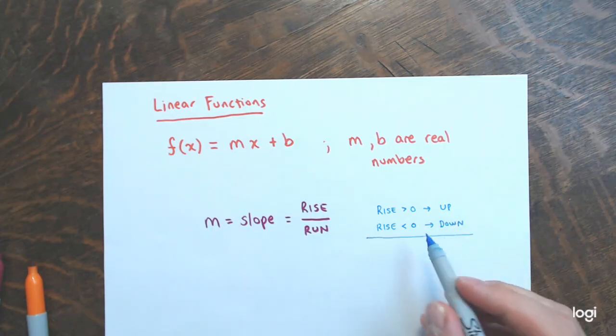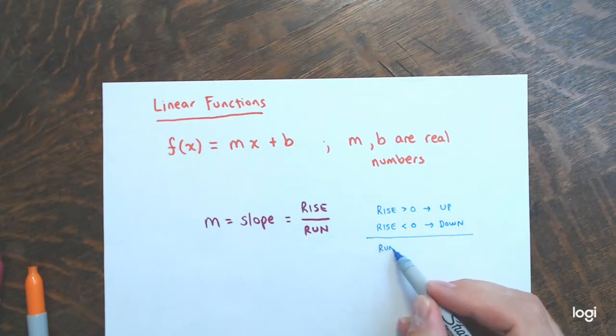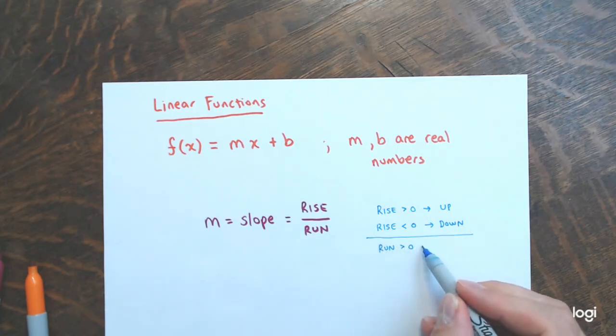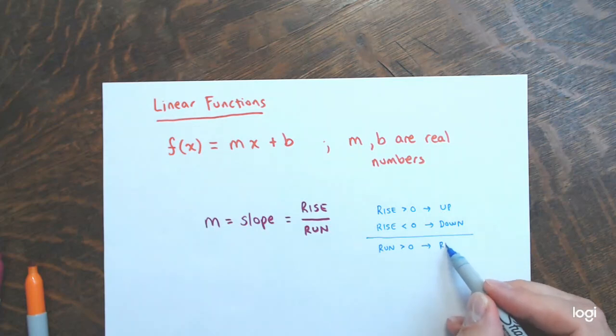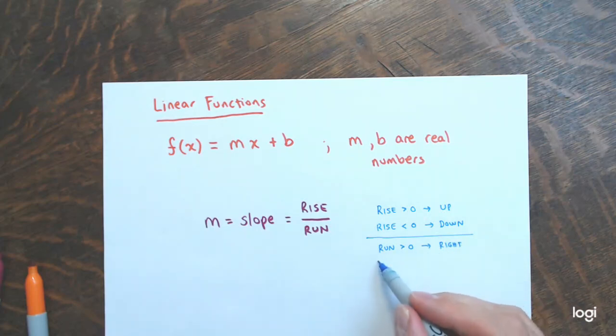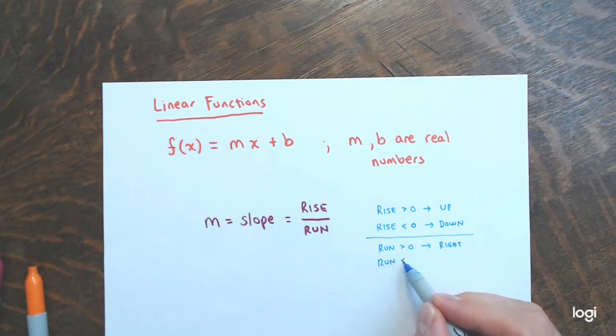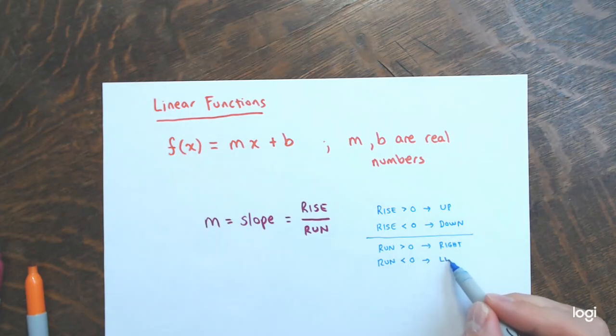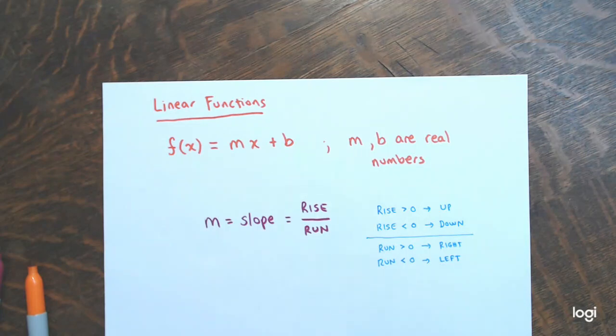And for the run, if the run is a positive number, it means I'm moving to the right, increasing the values of x, and if the run is a negative number, less than 0, it means I'm moving to the left. Just keep that in mind when I talk about rise and run and moving so many units in certain directions.